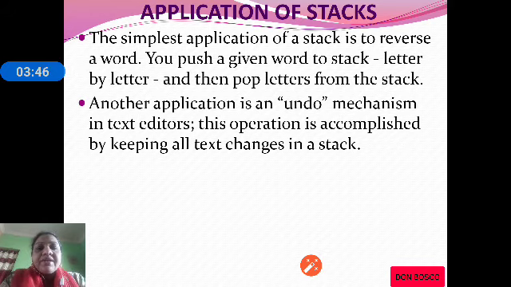As we know, whenever we perform any operation, our operations are recorded in the operating system stack. When you press undo, the recent operation stored in the operating system stack will be cancelled.